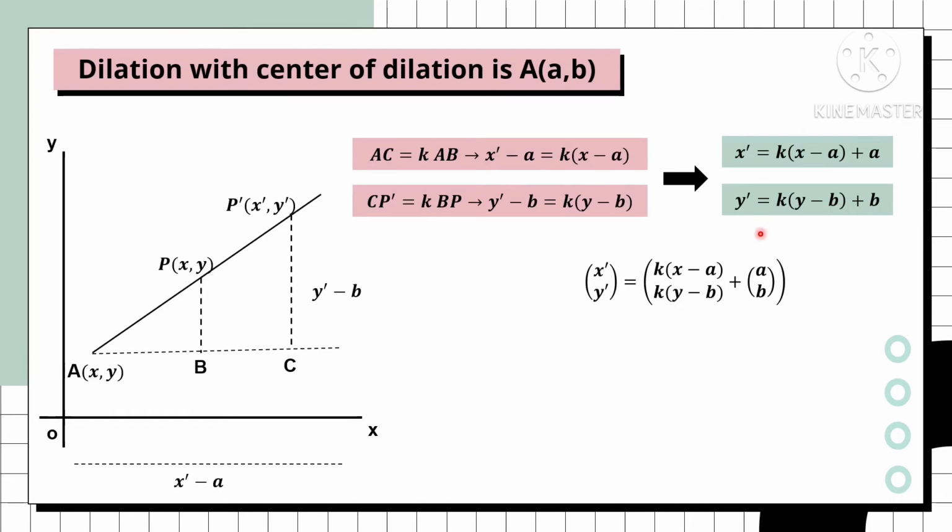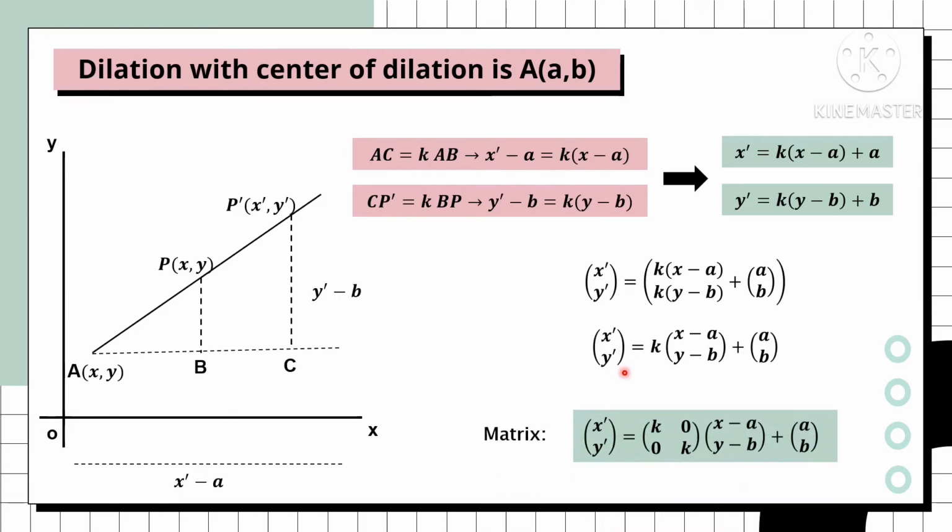Both of these equations can be written as a matrix like this, where the x prime, y prime matrix is equal to the matrix k 0, 0 k times the matrix x minus a, y minus b, plus the matrix a, b.